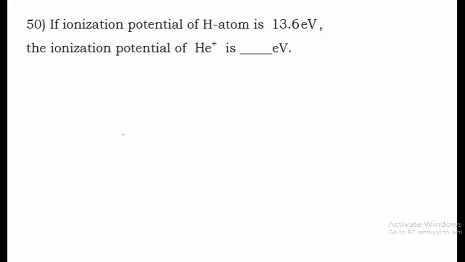Then 50th, if the ionization potential of hydrogen atom is 13.6 electron volt, the ionization potential of He+ is. So how will you solve that? The ionization potential of hydrogen atom is equal to minus E1, that is 13.6 electron volt.